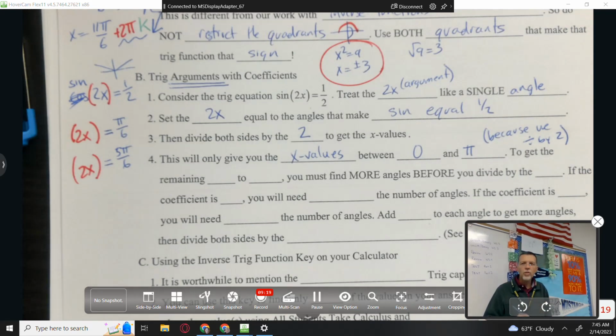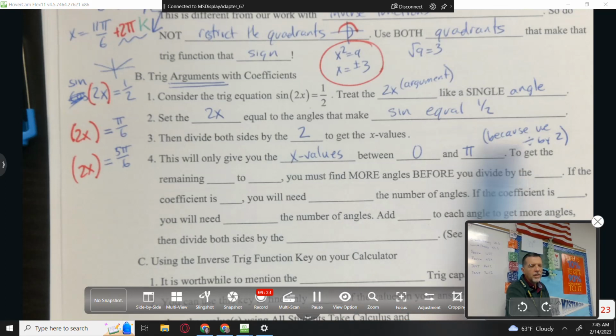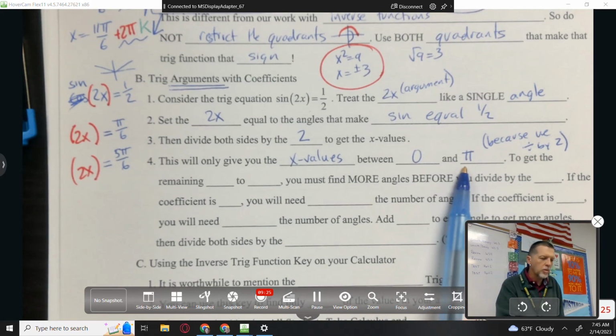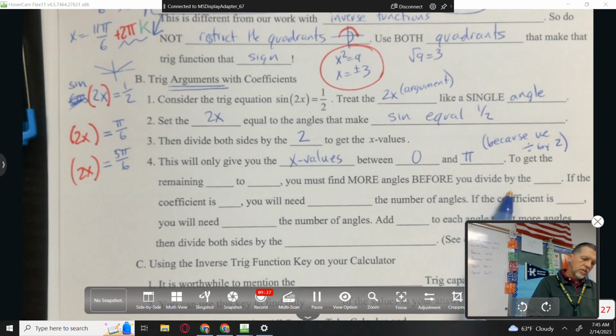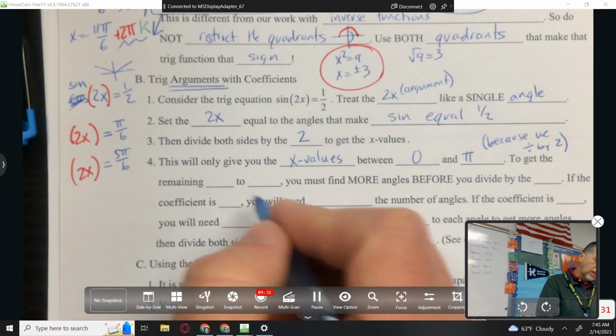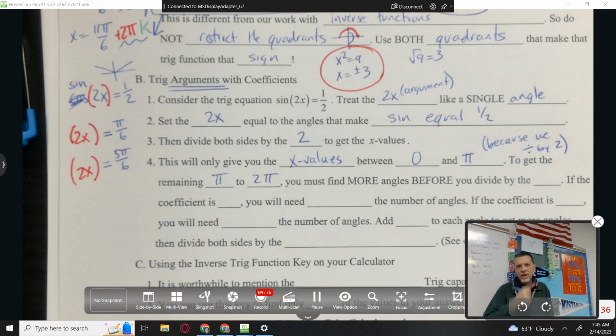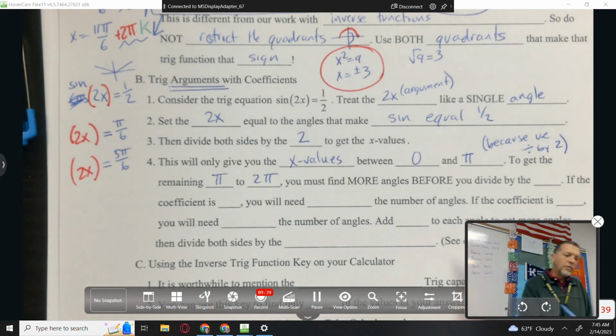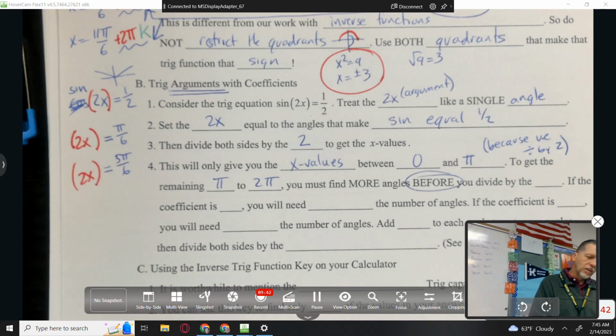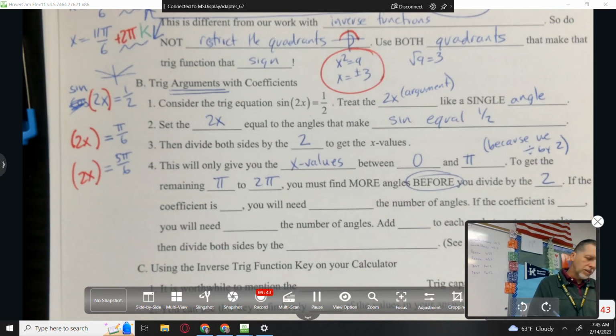That's why I'm not doing it yet. Normally our answers are 0 to 2 pi, but if we divide by 2, then our answers are between 0 and pi. So there's more answers out there. To get the remaining pi to 2 pi, the rest of the answers, we need to come up with some more angles before we divide by the 2.